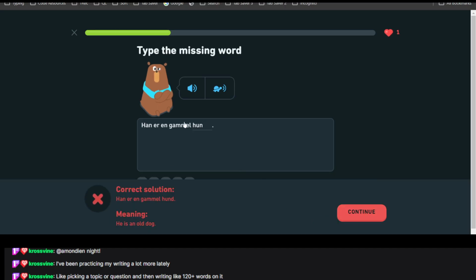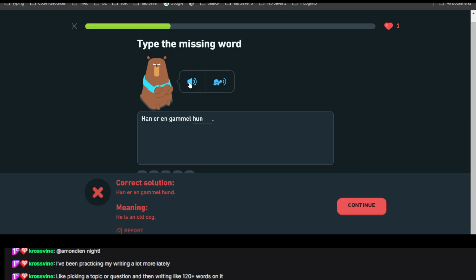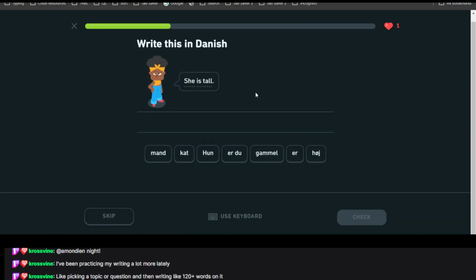Oh wait. Oh. Han er en gammel hund. I mean, you wouldn't say she is an old she anyway. Or he is an old she, doesn't make sense, but... Okay. Oh, my heart's... That's bad. I wasn't paying attention.